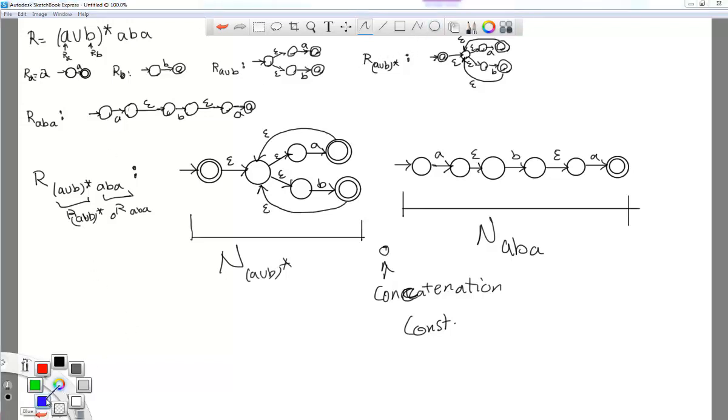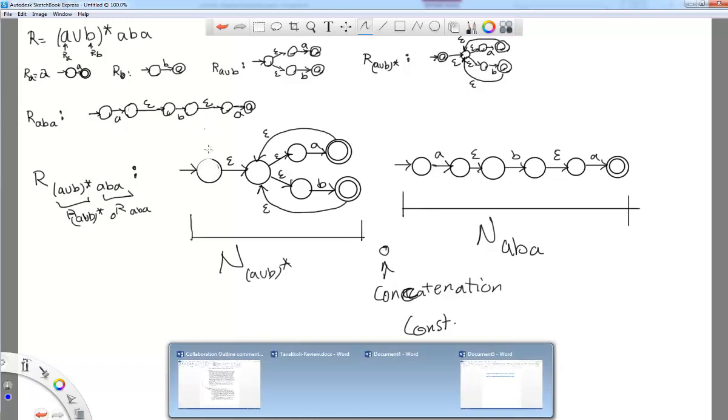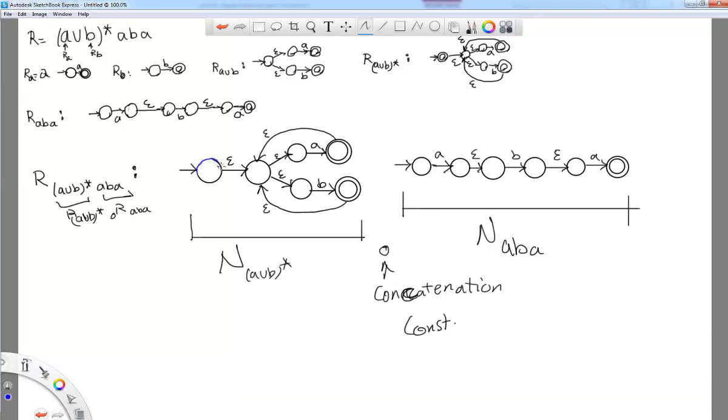It takes all of the accept states of the original machine, transitions them with epsilon transitions into the start state of the second machine, and then removes the accept states of the first machine. We'll do this for every single accept state of our first machine.